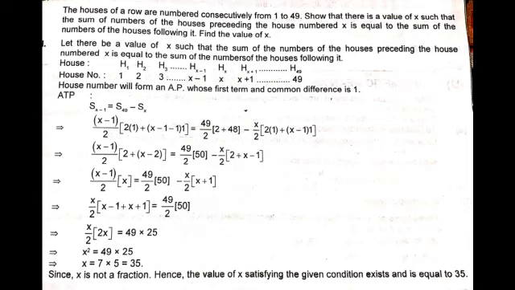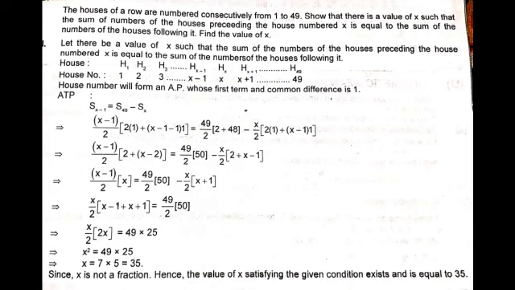For the right hand side, we can write 49 by 2 into (2 plus 48) minus x by 2 into (2 into 1 plus (x minus 1) into 1), which after simplification gives x by 2 into 2x equal to 49 into 25, so x square is equal to 49 into 25, which gives x equal to 35.